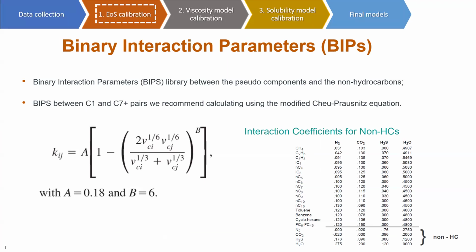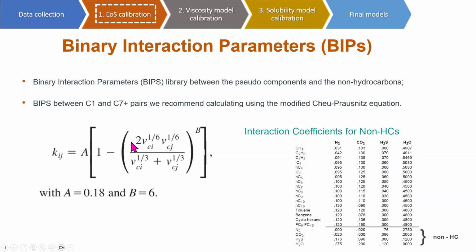But the question is how to model the binary interaction parameter between two hydrocarbon components, between methane and C10. How to model this? You can use this equation. So this equation allows you to calculate, to compute the BIPs between two components, okay?